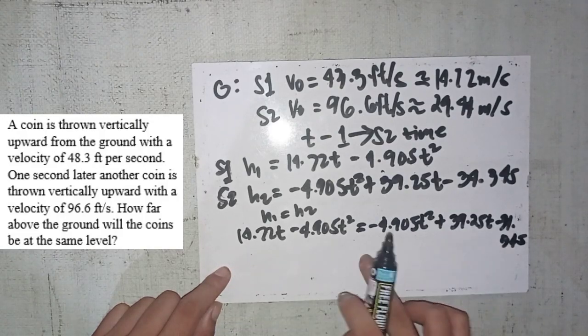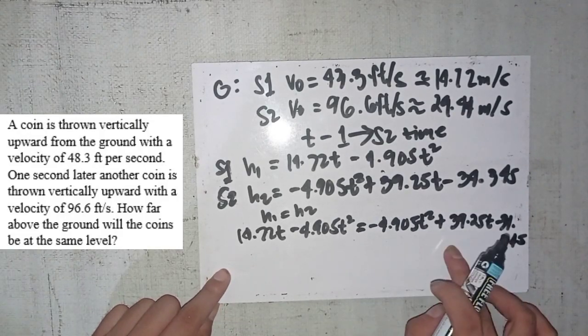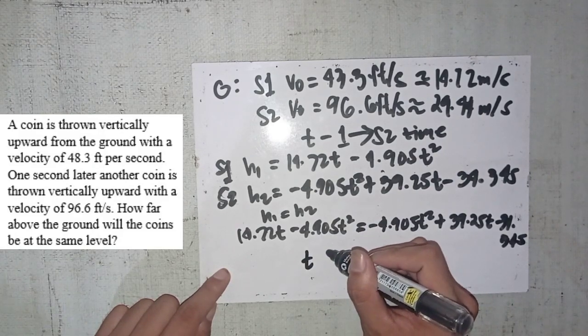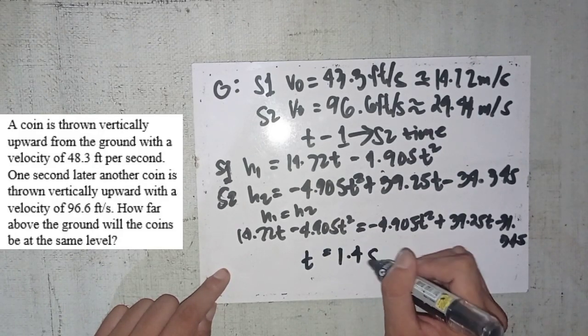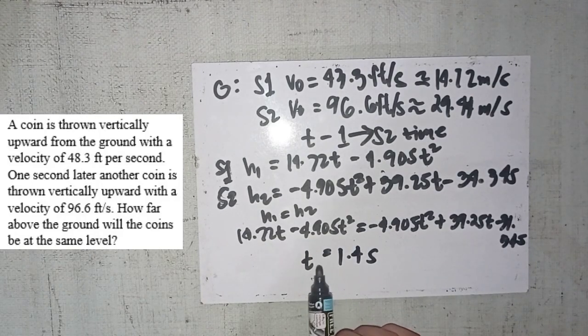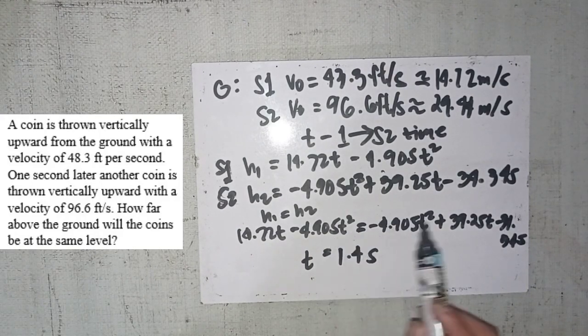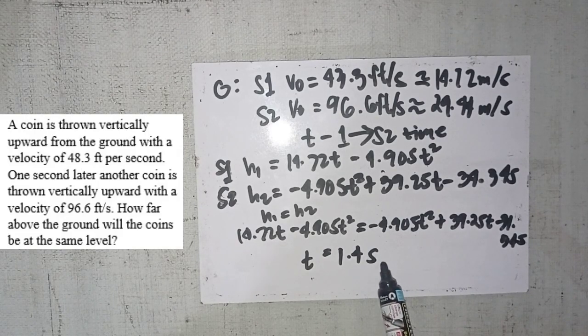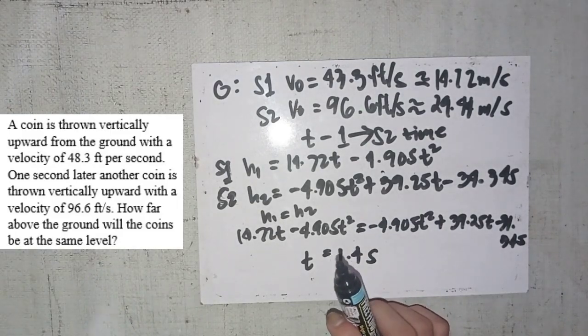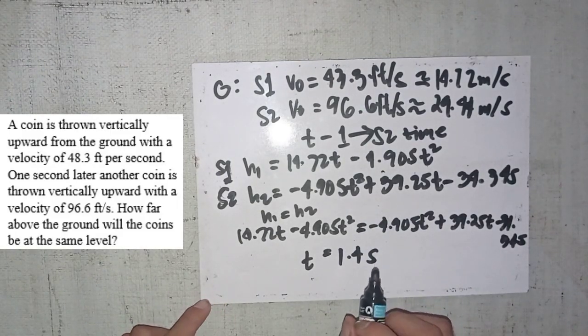Combining the like terms, we get that the time is 1.4 seconds. To find the height, we can substitute this 1.4 seconds into either of these two heights, because they have the same height thrown from the ground.